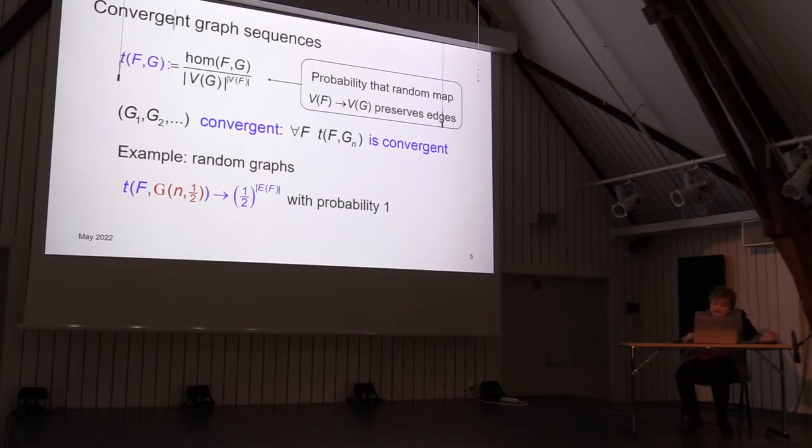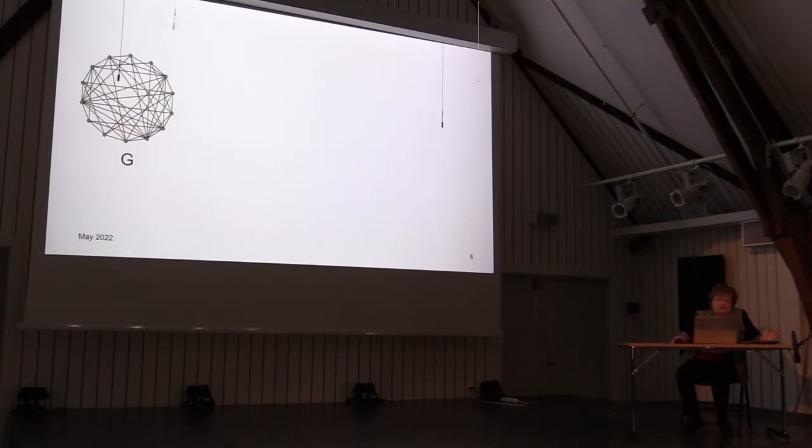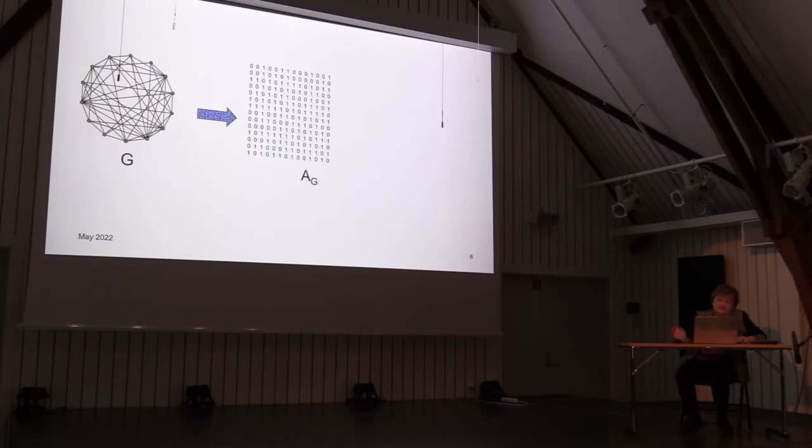Now we are going to take an arbitrary graph. It has one edge or no edge between two nodes, and we take the adjacency matrix of this graph.